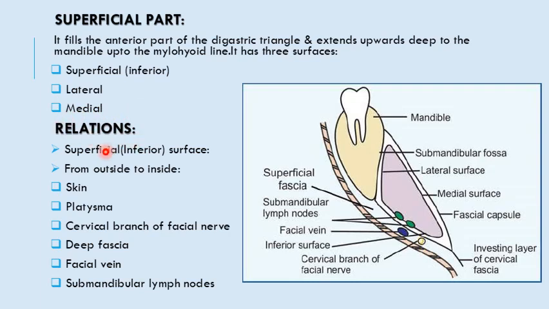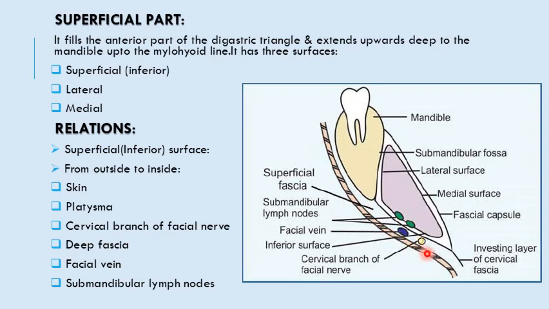First we will discuss the relations of the superficial or inferior surface. Here you can see that this is the superficial or inferior surface of the submandibular gland. From outside to inside it is related to the skin and platysma. This is platysma.